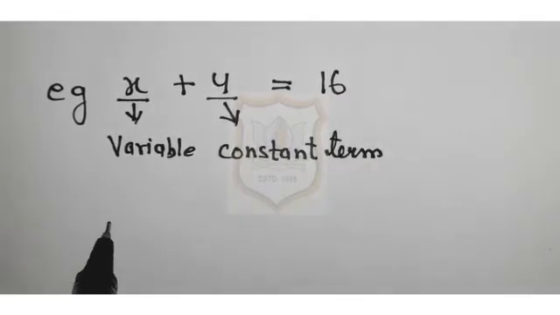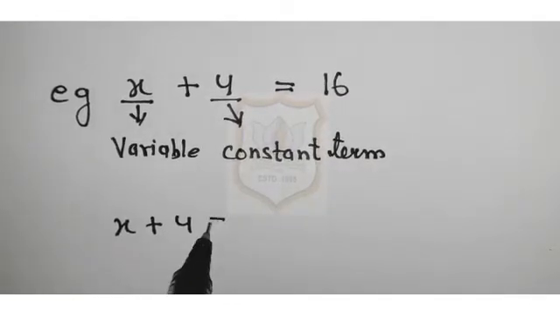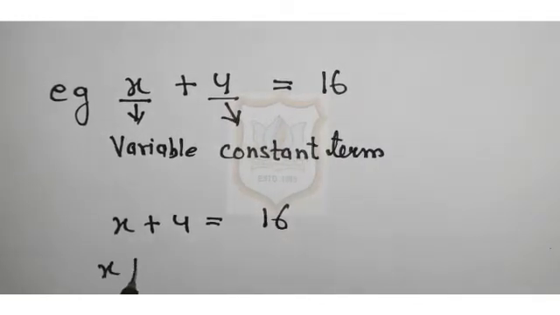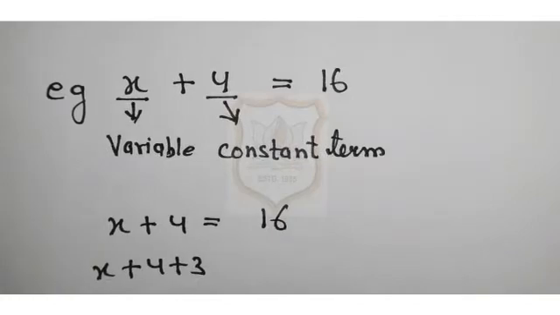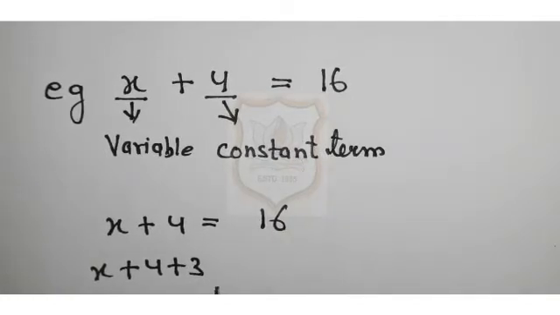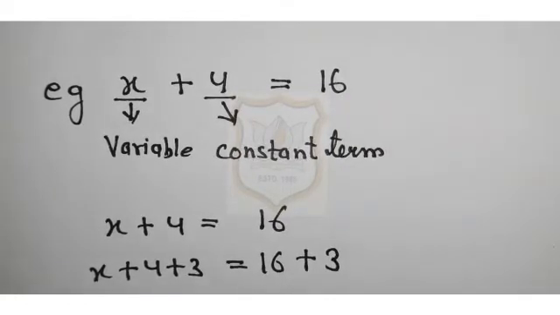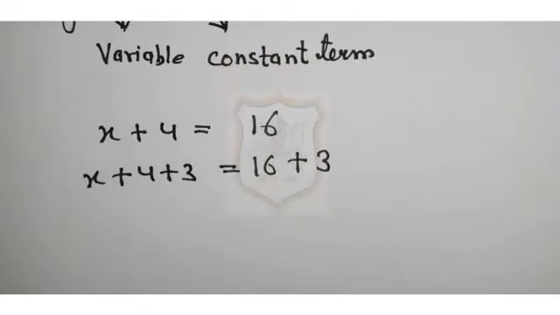This is the equation. Suppose I am adding 3 to LHS, x plus 4 plus 3. Then it is compulsory that we should add 3 to RHS also, 16 plus 3, to maintain the equality. Understood?